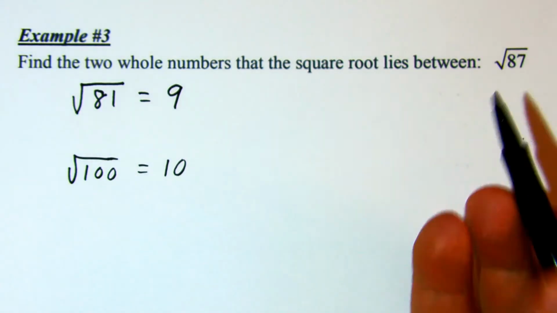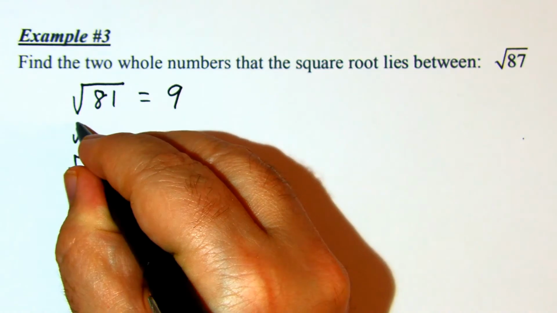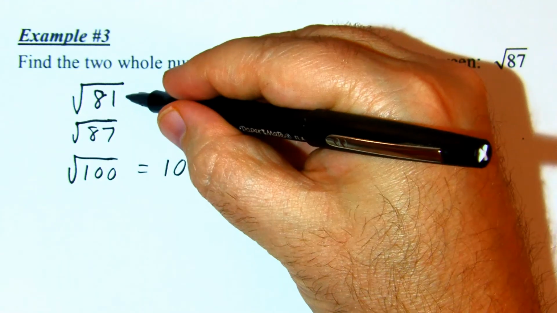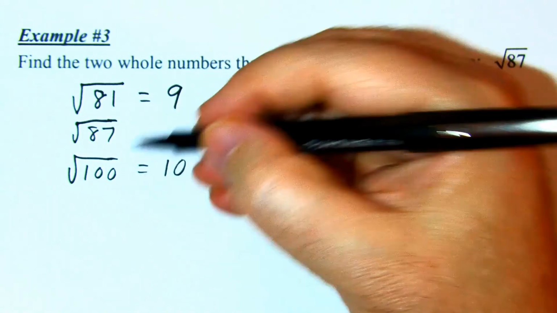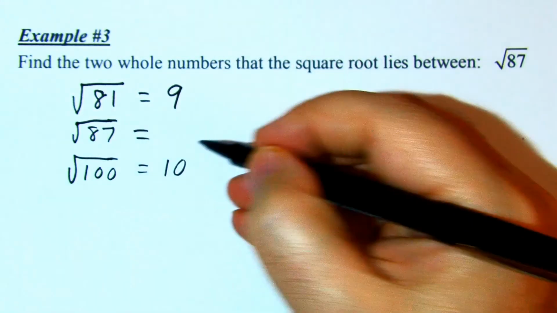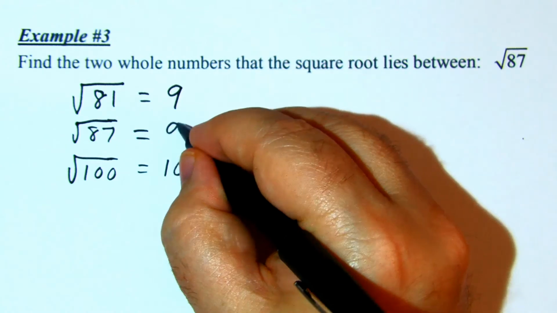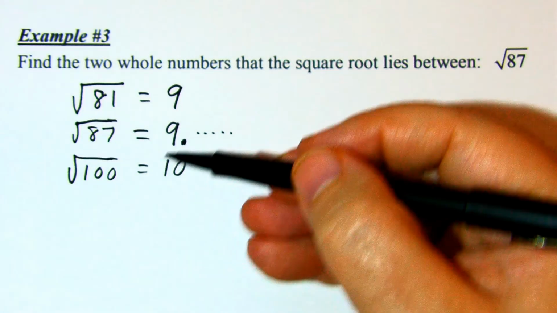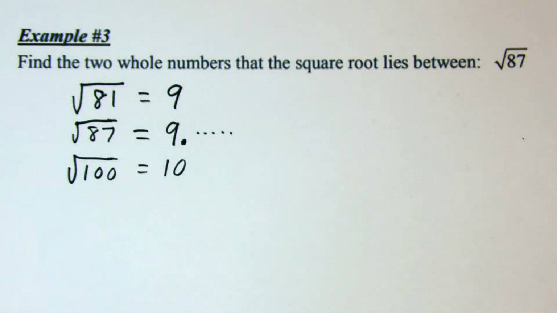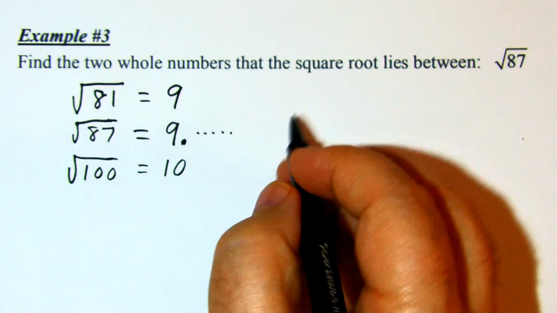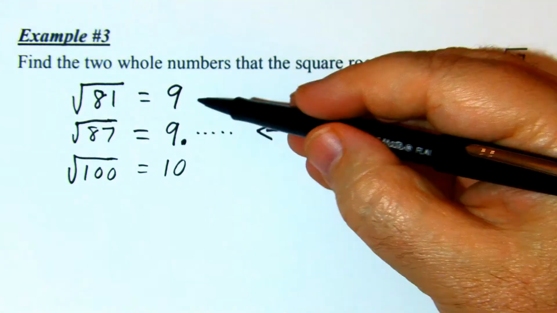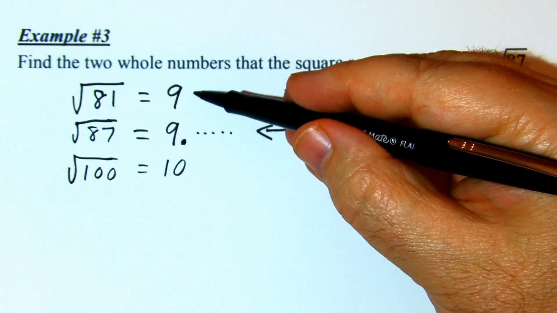So our value, the square root of 87, must fall between the square root of 81 and the square root of 100, and therefore, when we go to calculate it, it has to be 9 point something. And again, we'll use a calculator in a future example to get those digits more precisely, but for now we can see that the square root of 87 must lie between the whole numbers 9 and 10.